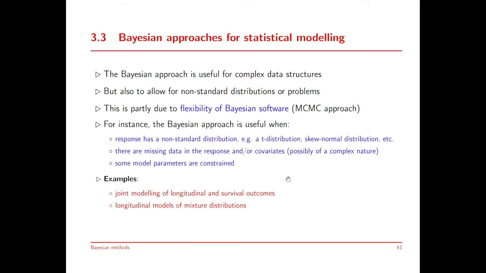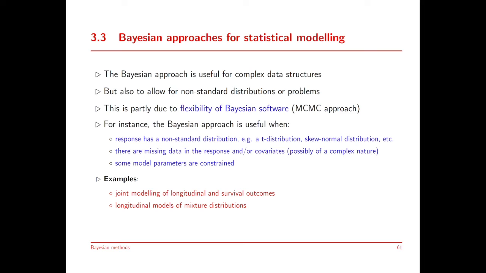The Bayesian approach is also useful when in our clinical trial the data have a non-standard distribution, or when the distribution is relatively complex, or when the data structure is relatively complex. That is not necessarily due to the Bayesian approach, but is more due to the flexibility of the Bayesian software, namely the MCMC approach.